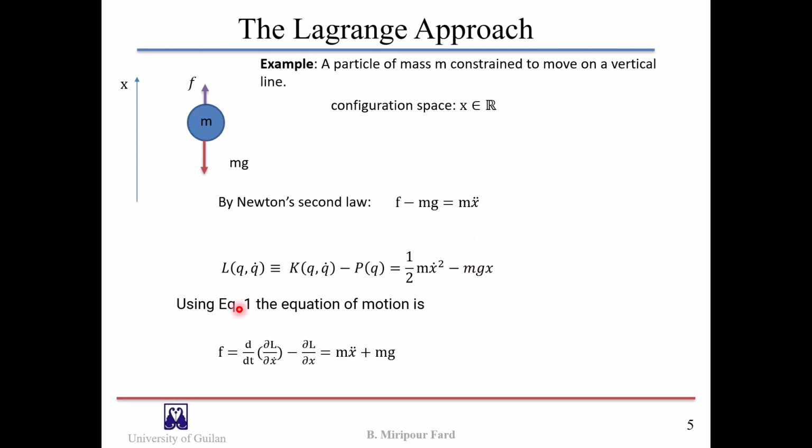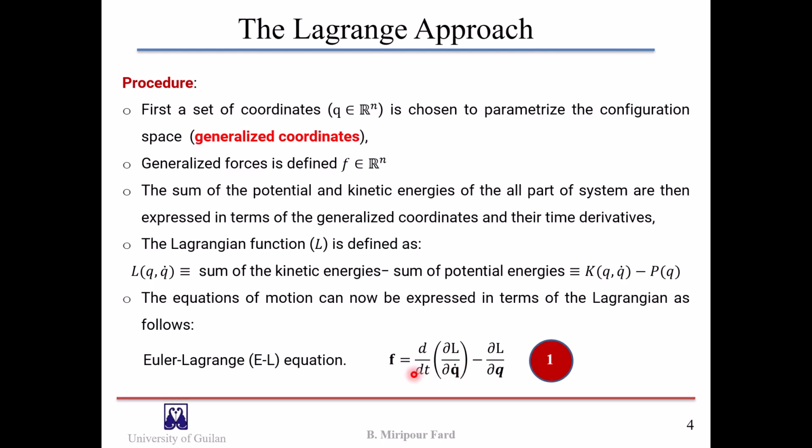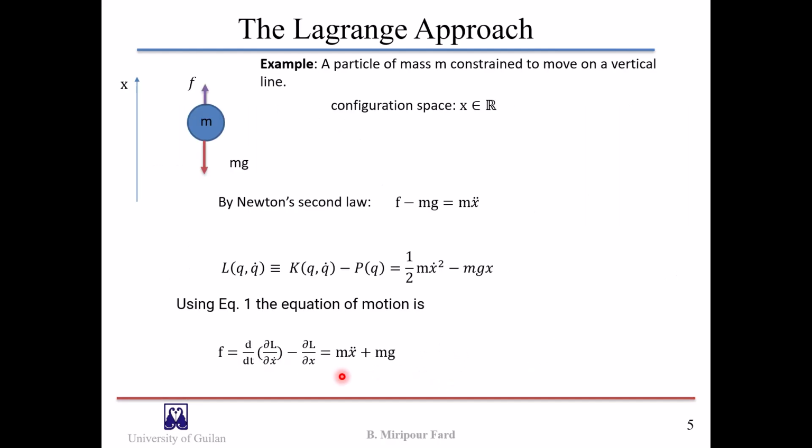Using equation 1, that is the Euler-Lagrange equation, we can obtain the equation of motion. F equals the time derivative of the partial derivative of L with respect to x dot minus the partial derivative of L with respect to x, equals m x double dot plus mg. This equation matches the equation obtained by Newton's approach.